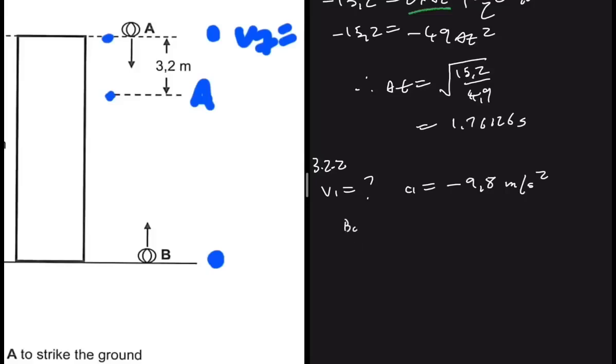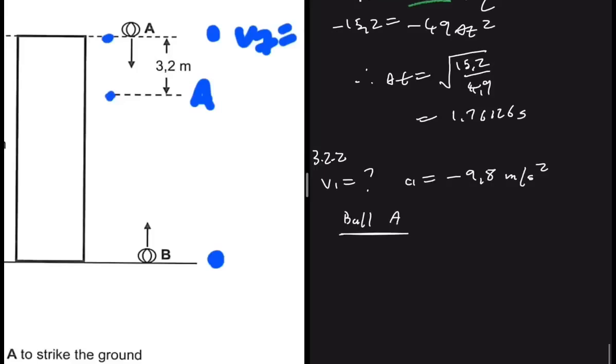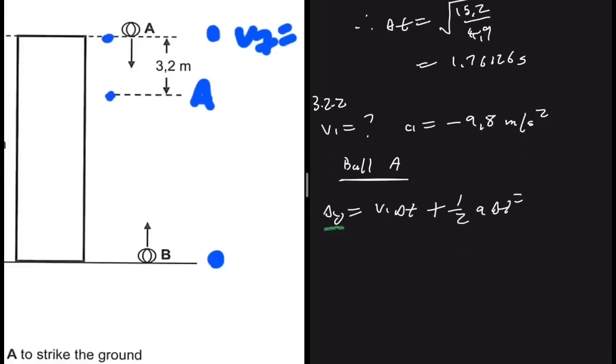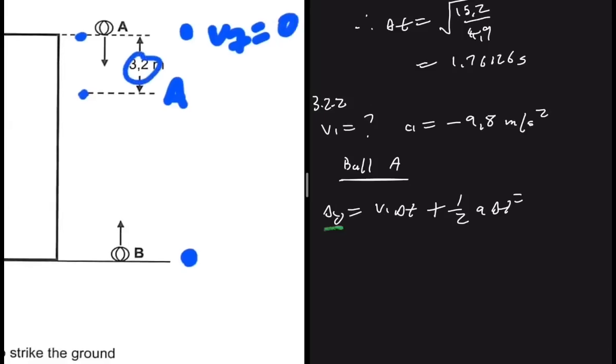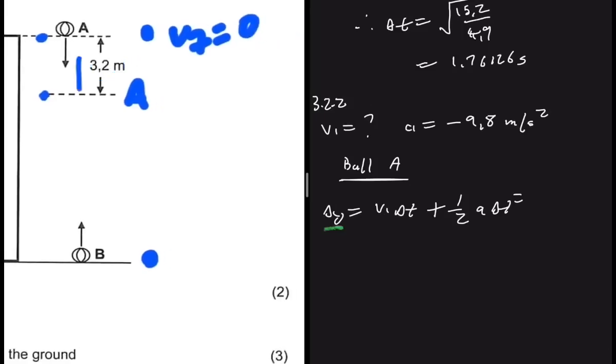So for ball A, we can say that delta y is equal to vi delta t plus a half a delta t squared. Right, so now our delta y, we can say that is minus 3.2 meters because we're looking for the time taken for only this journey.